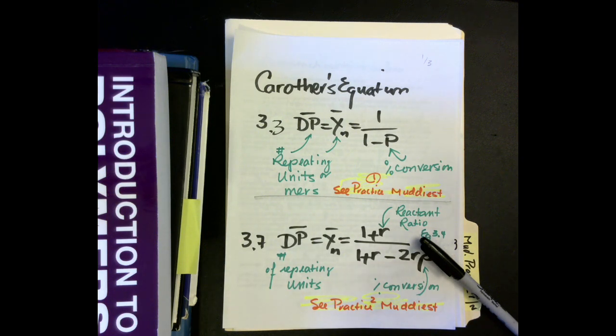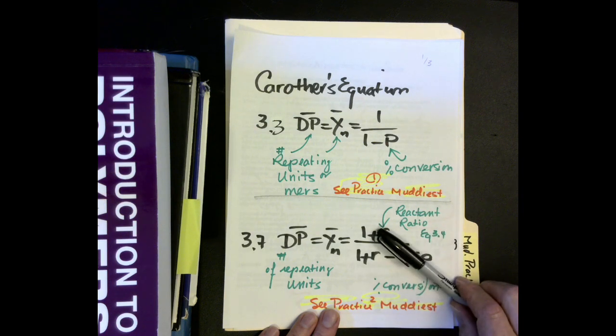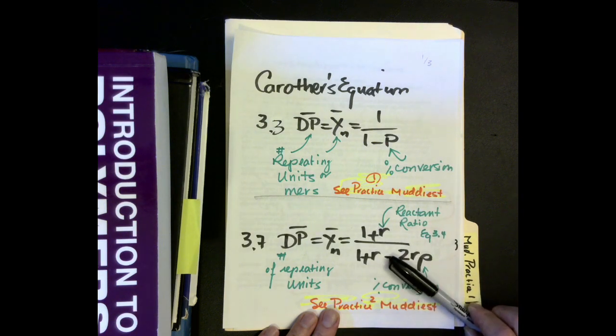The equation we use when there is an imbalance between two monomers is 3.7. So DP hat, or Xn hat, is going to be equal to 1 plus r at the top, over 1 plus r minus 2rp at the bottom.